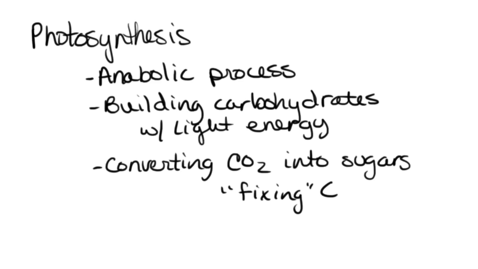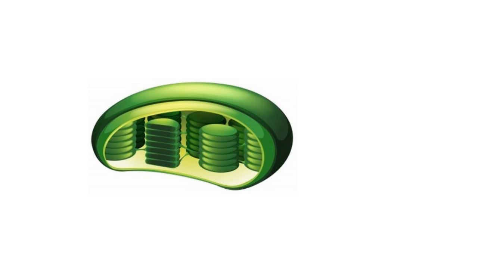Let's take a look at the chloroplast, because that is our major organelle responsible for this process in plants. Here we have a typical chloroplast. Let's review its structures so we'll be familiar with them when we talk about the individual processes of photosynthesis. We have 3 total membranes. One is the outer membrane.